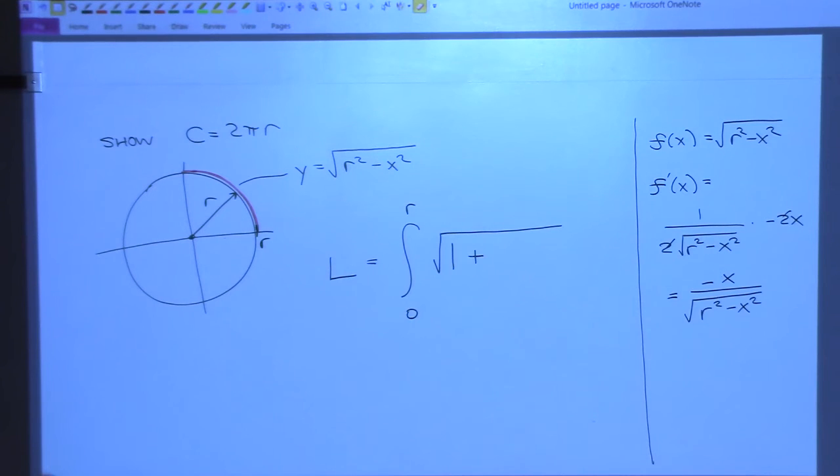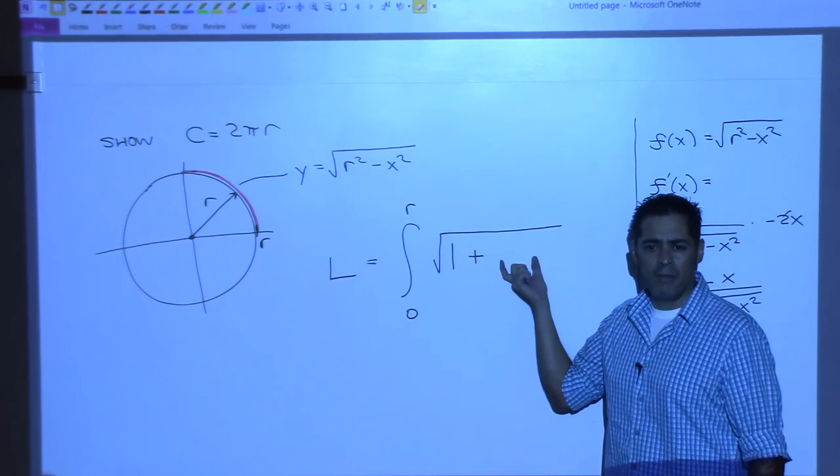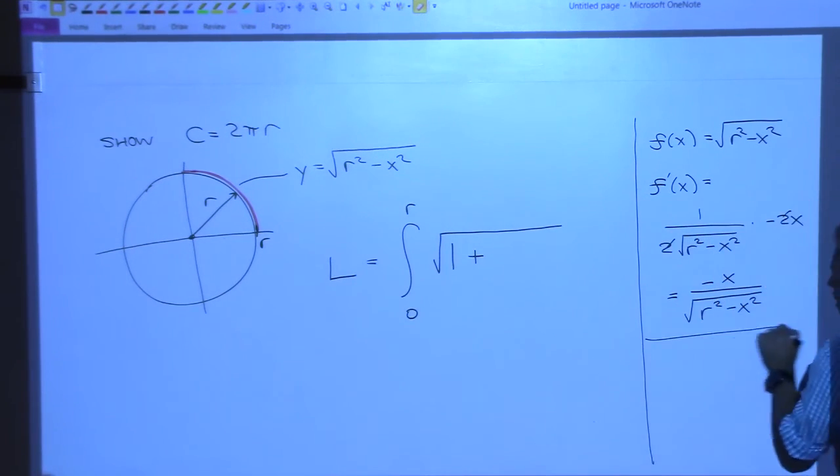Do you think we ripped up the inside? Yeah, the r disappears. The r is a constant, right? So the derivative of a constant is going to go away to 0. Is that okay? Now that's the derivative, but what goes into the formula? The derivative squared. So let's go ahead and do that over here now too.